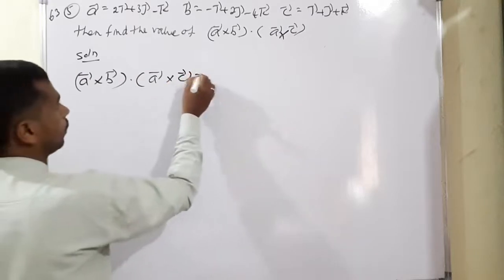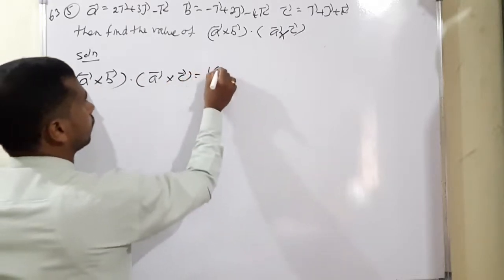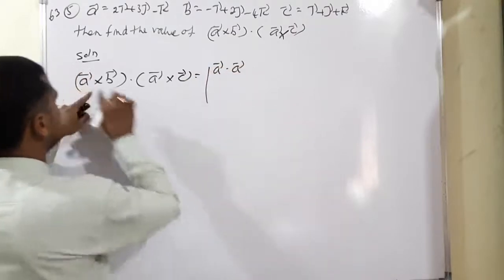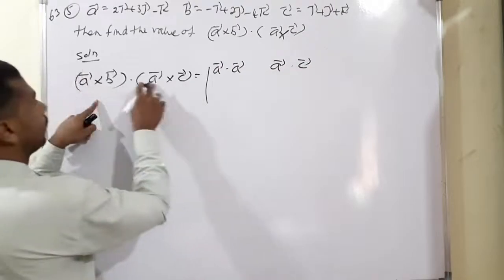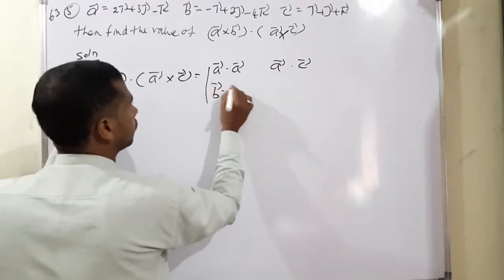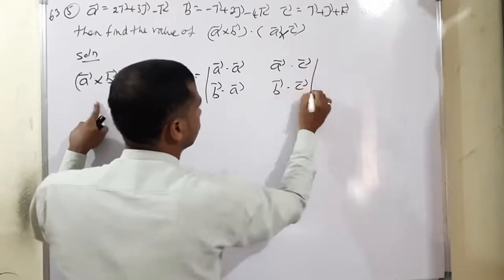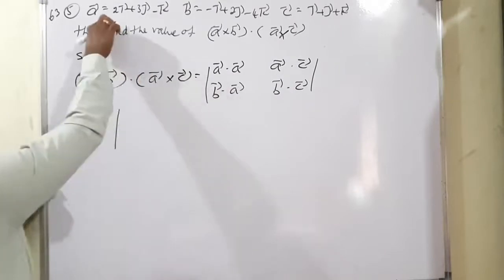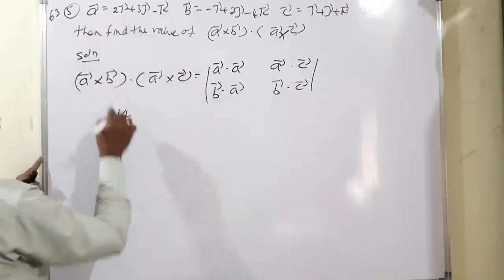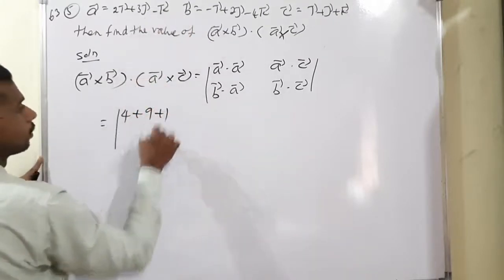Now, by Lagrange's identity: A vector dot A vector, then A vector dot C vector, then B vector dot A vector, then B vector dot C vector. Now very simple. A vector dot A vector means multiply each by itself: 2 2s are 4, 3 3s are 9, minus 1 into minus 1 is positive 1.